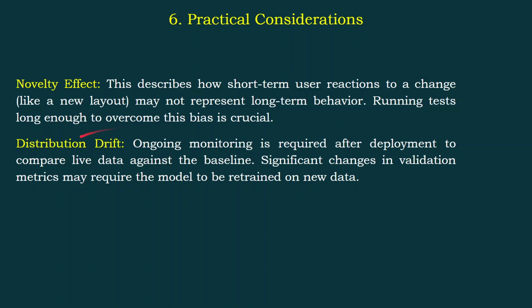And then distribution drift. Ongoing monitoring is required after deployment to compare live data against the baseline. So we have the baseline data, which is the static data. Then we also have live data, which comes in randomly in the real-time world. So you have to always check the values after deployment.